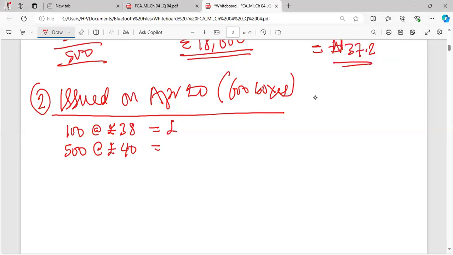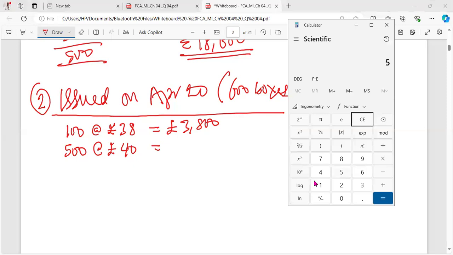Again, 500 multiplied by 40 gives me 20,000.